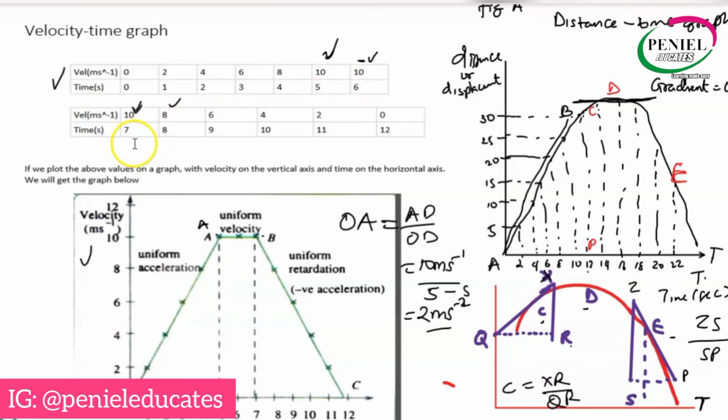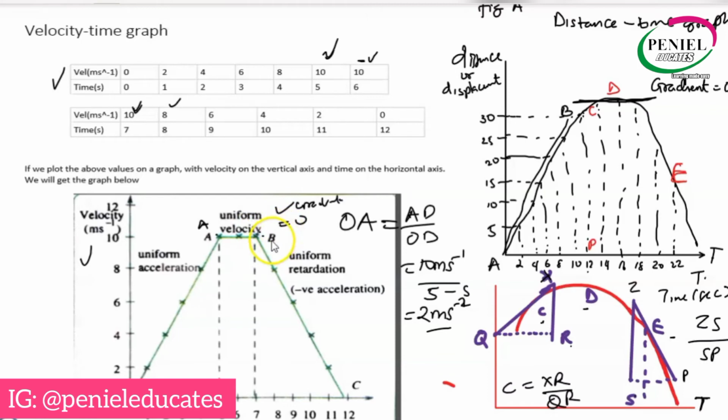So the acceleration over this period is 0, because the velocity is not changing. Velocity is uniform, so the acceleration is 0, and the gradient of this particular line AB is 0. Why? Because there's a uniform velocity. The velocity is the same, only the time interval is changing. So the gradient for this one is 0.